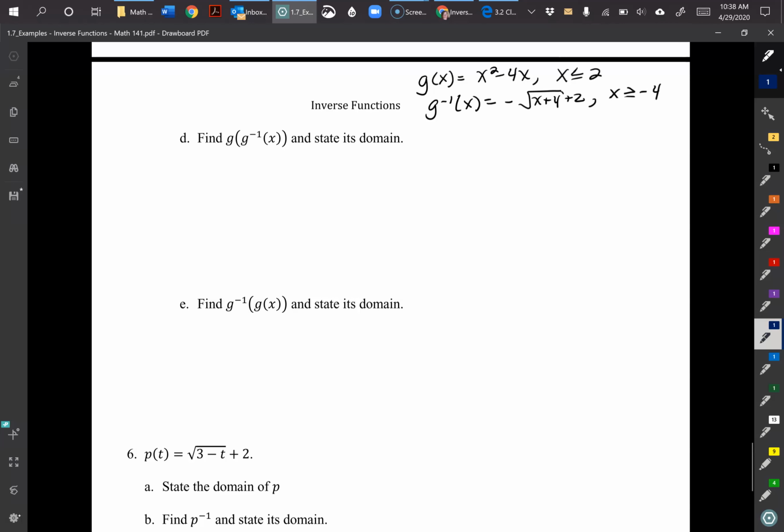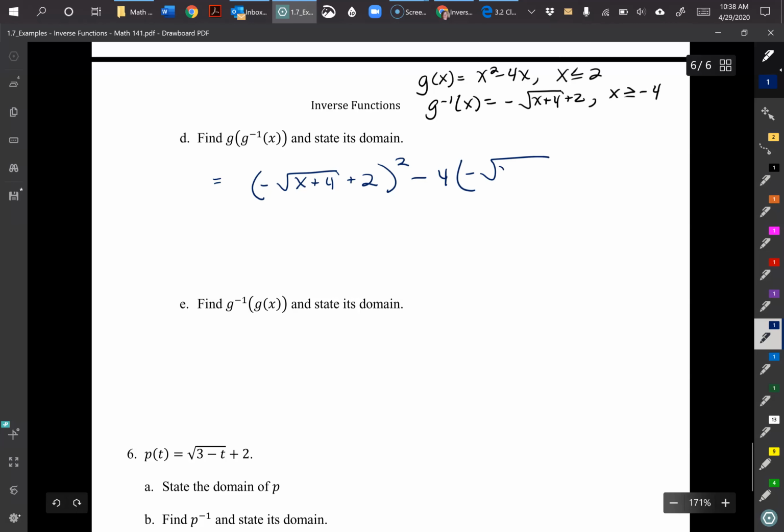So we would have negative square root of x plus 4, plus 2, squared, minus 4 times negative square root of x plus 4, plus 2.